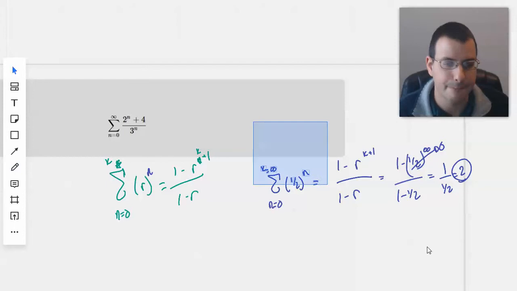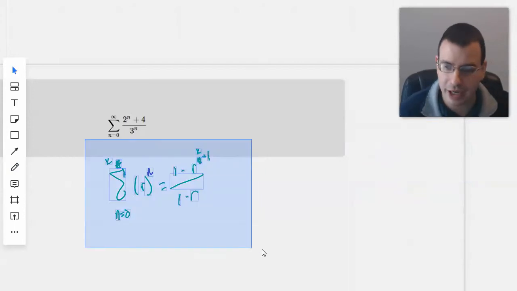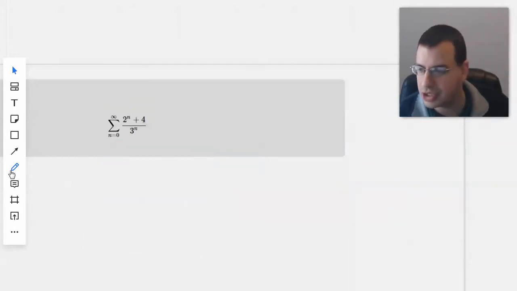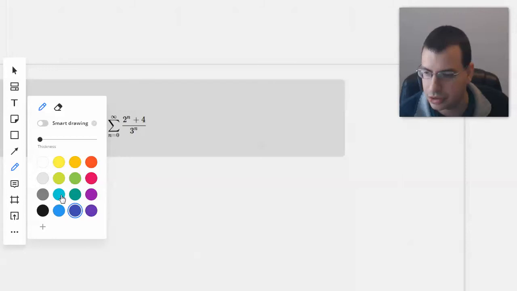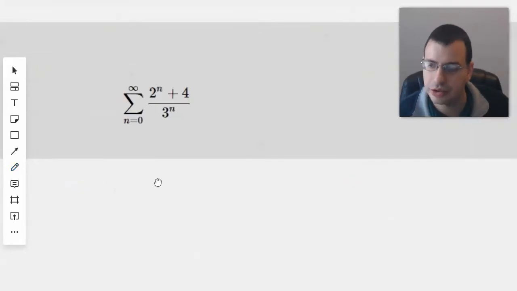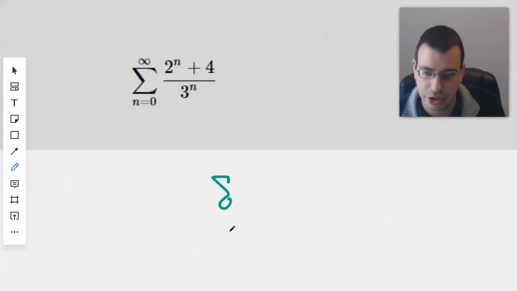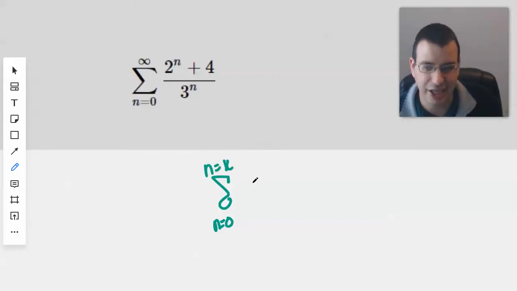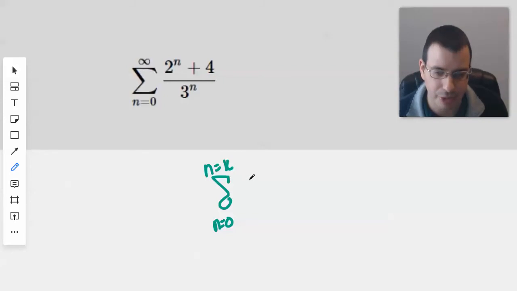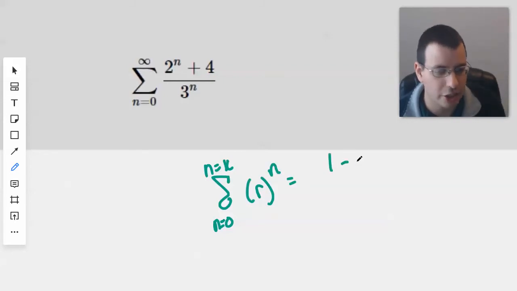you panic. Okay, so going back, let me rewrite this a little bit cleaner. What we know about a geometric series, n equals 0 to n equals k, r to the n, equals 1 minus r to the k plus 1 all over 1 minus r.